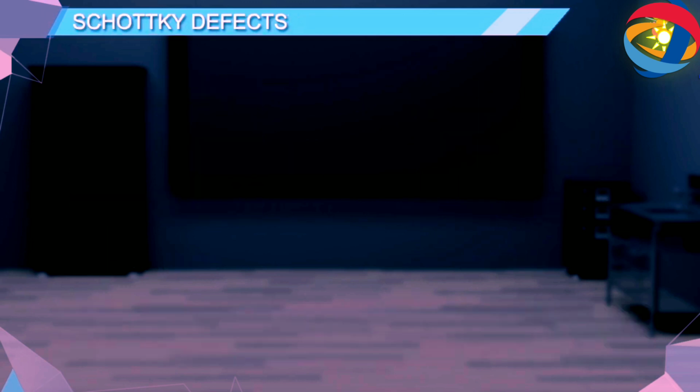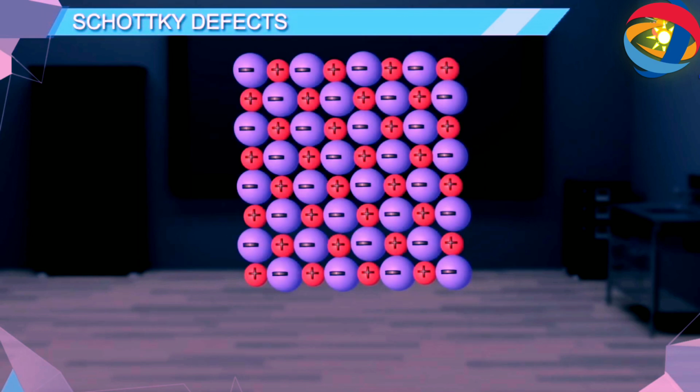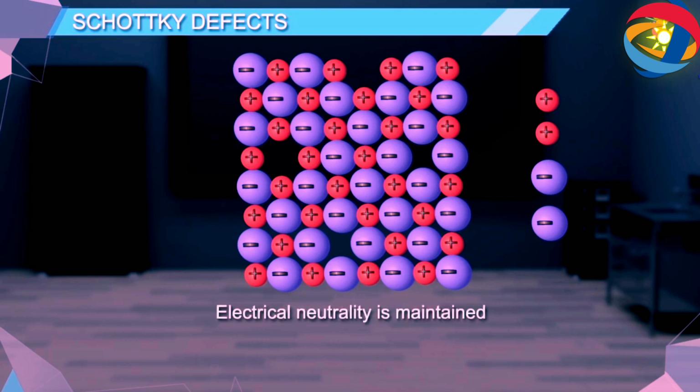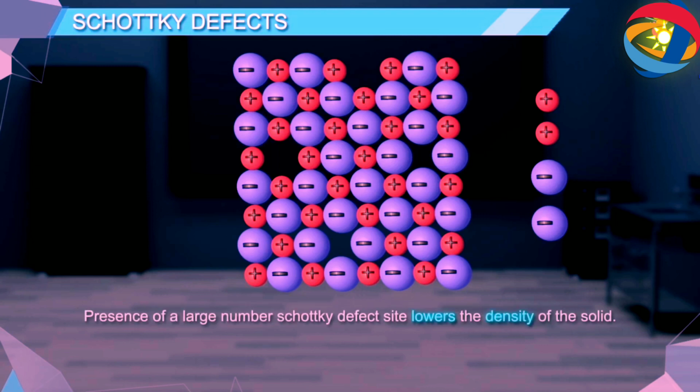Schottky defects. Schottky defect is similar to vacancy defects. This type of defect is created when equal number of positive ions and negative ions are missing from their lattice sites, so that electrical neutrality is maintained. Here, mass decreases while volume remains the same. Presence of a large number of Schottky defect sites lowers the density of the solid.